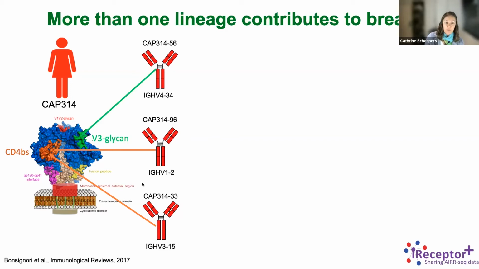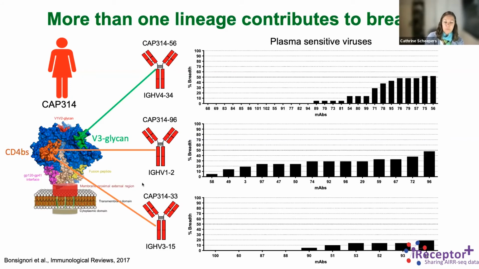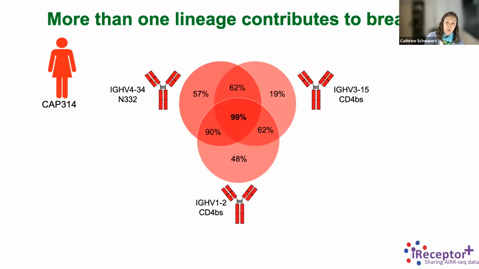They all have different germline genes. Despite increased neutralization breadth with increased somatic hypermutation, none of these lineages individually could neutralize all of the viruses that are neutralized by this particular donor. It's only when you add all 3 of these lineages together that we were able to get the same level of neutralization breadth seen in this donor.